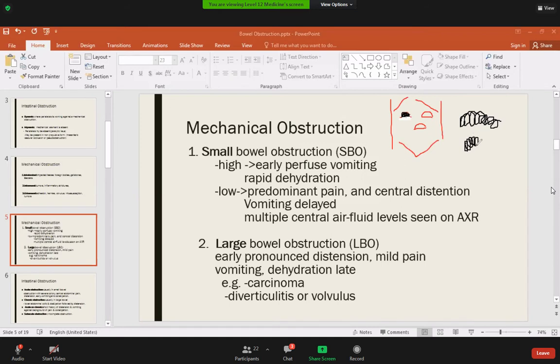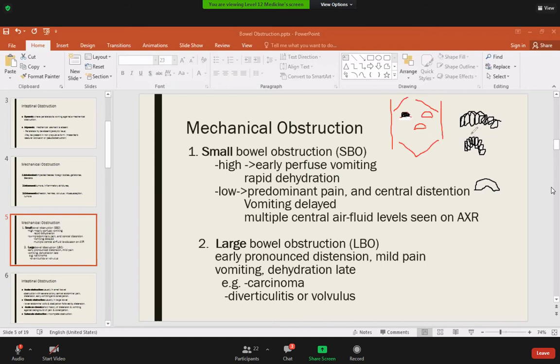If you see these plicae circulares in the wall of that air fluid level, it is very clear that this is jejunal obstruction. But if you have an air fluid level that is just appearing like this, with no plicae circulares, nothing, we call it a distended loop of ileum, because ileal loops are characterless. If you remember, the ileum is characterless. There are no plicae circulares in the ileum.